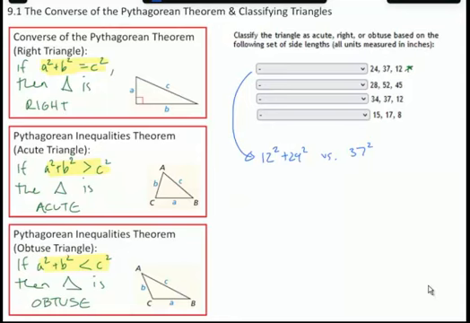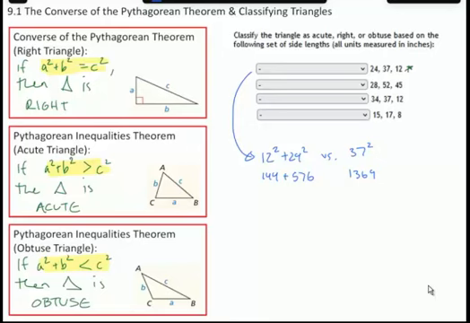Okay, so if I calculate these values here, 12 squared is 144, plus 24 squared, 576, 37 squared, 1369.